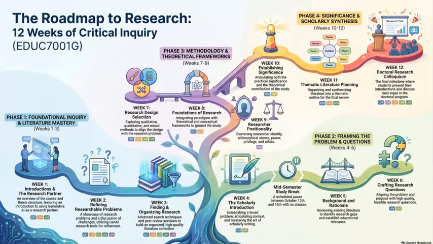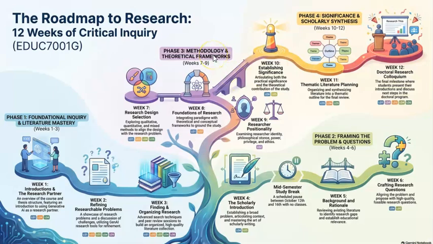And it's helpful to look at the course, which is 12 weeks long, in four phases. So the first phase is the foundational inquiry and literature mastery, developing your skills and finding research. The second phase is framing your research, having a problem and getting questions.